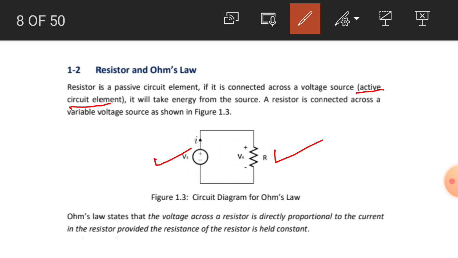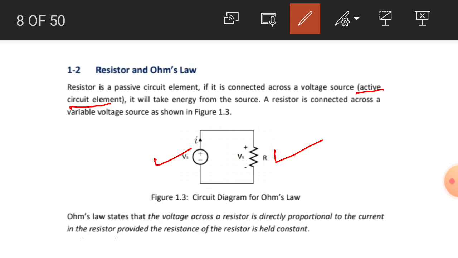I want to say that if the voltage is constant with respect to time, then the current in this simple circuit will be constant with respect to time. And if the magnitude of the voltage is changing with respect to time, then the magnitude of the current will be varying with respect to time.